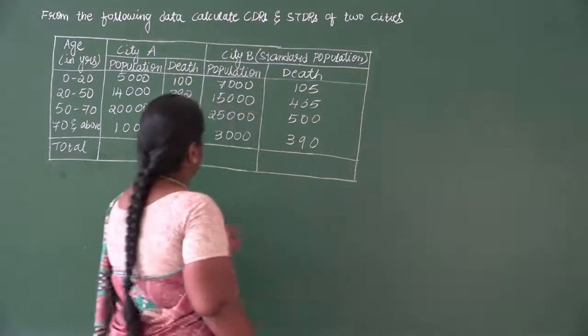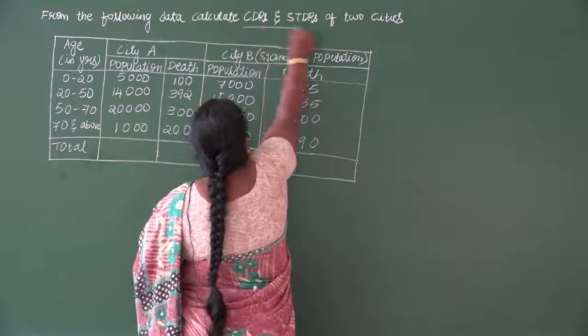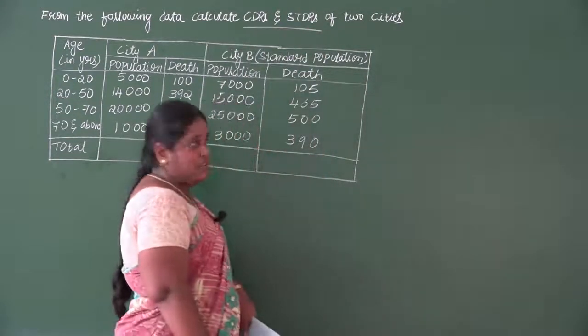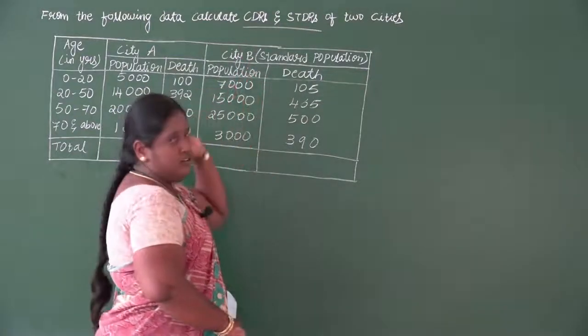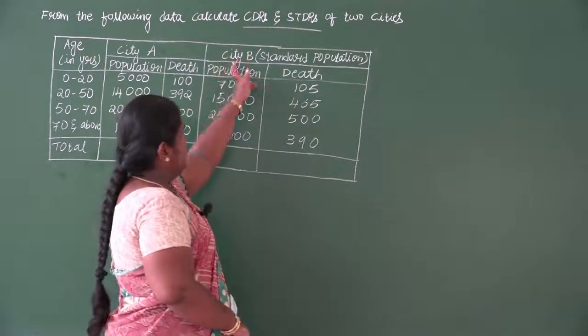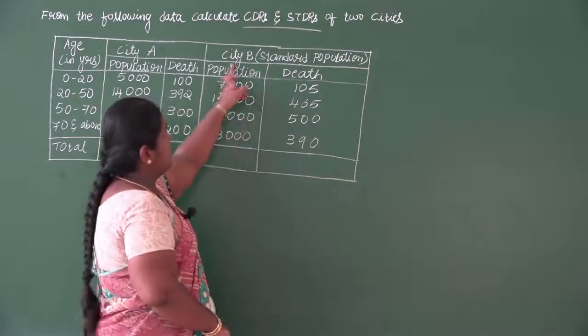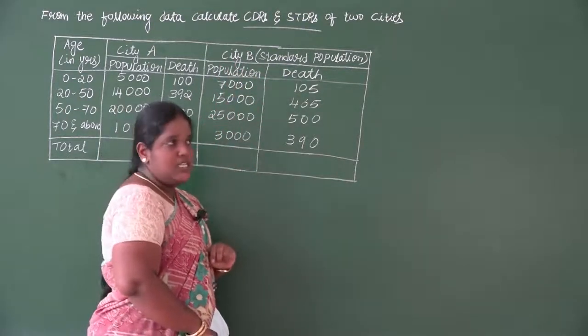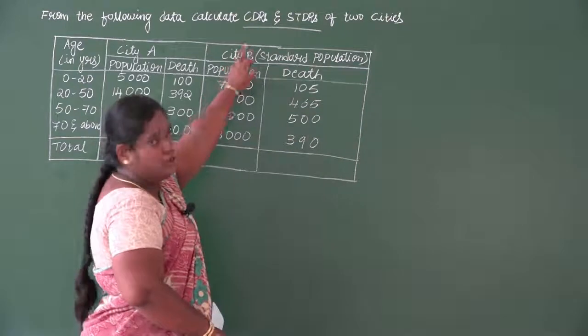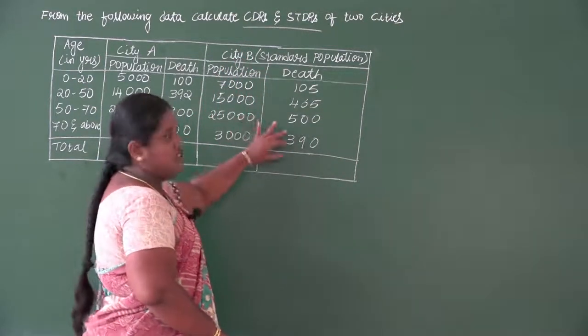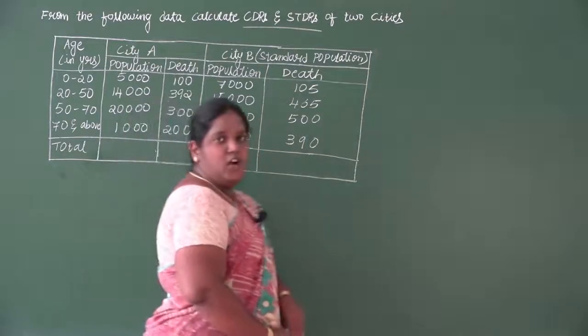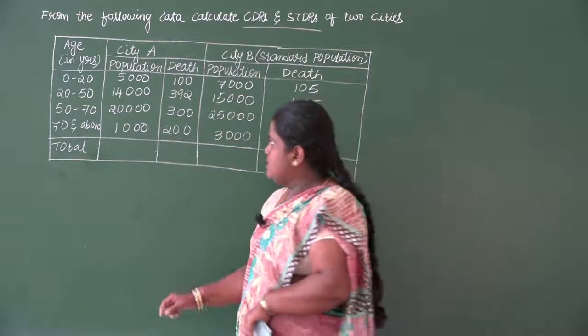So here I have included both the topics, crude death rate and standardized death rate, and they have not separately mentioned which should be taken as standard population. In the table itself it is given that city B we have to take as standard population. Since we are doing CDR, I won't be finding out ASDR for town B. I will be finding out only the CDR, so it is easier.